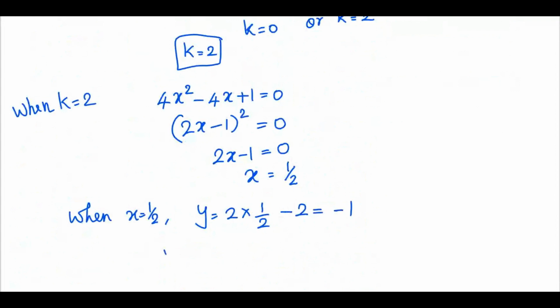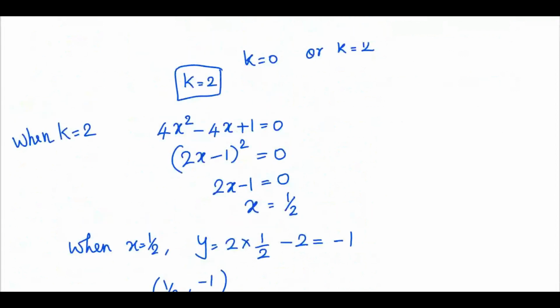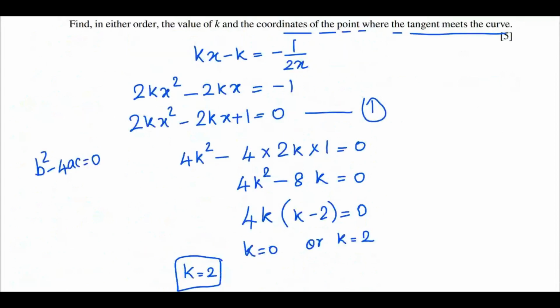So 1 over 2 comma negative 1 is the point of intersection where the curve meets the tangent.